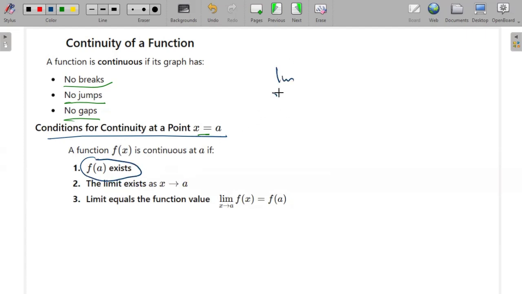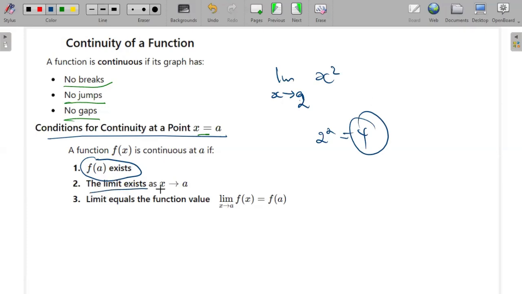For example, take the function x squared as we approach 2. When I plug directly into this function, 2 squared equals 4. This must exist. So I know it is going to be there on your graph, y is equal to 4. So at that point, it should be defined.